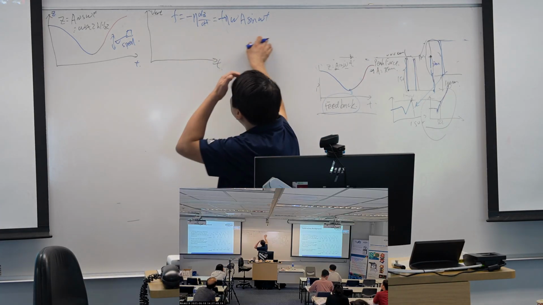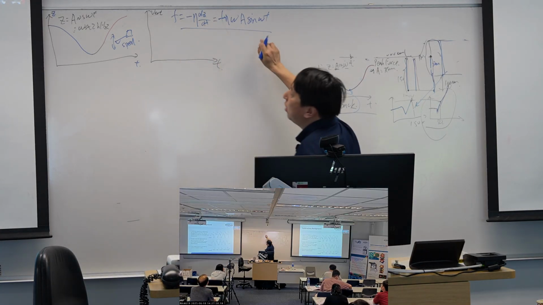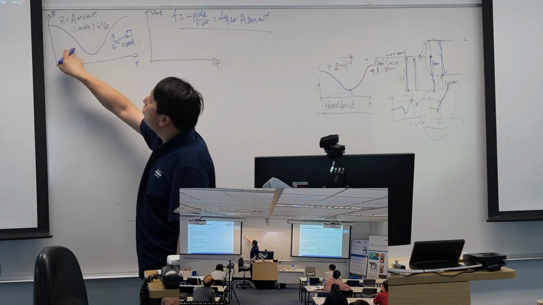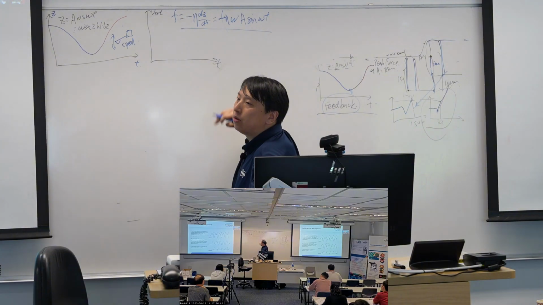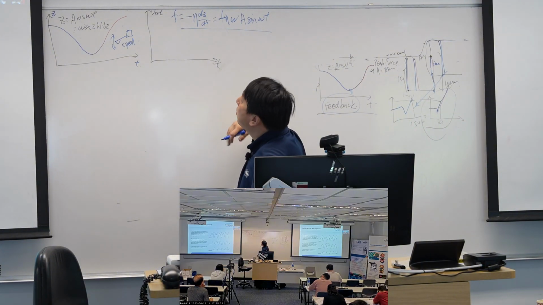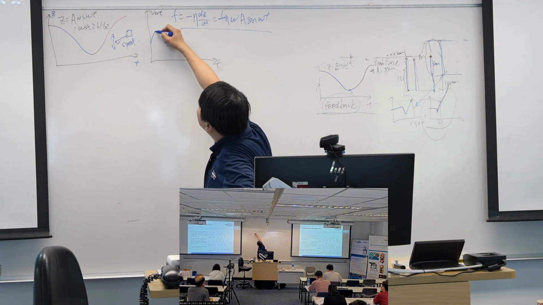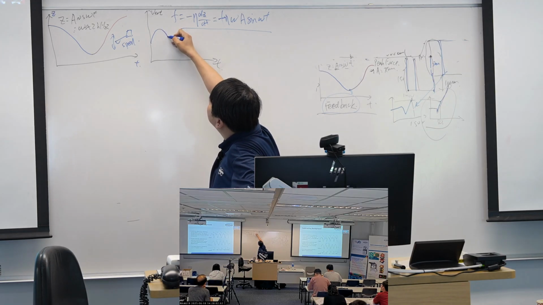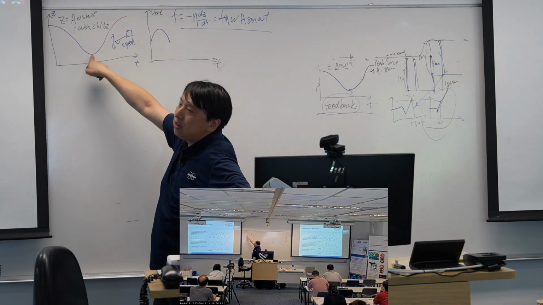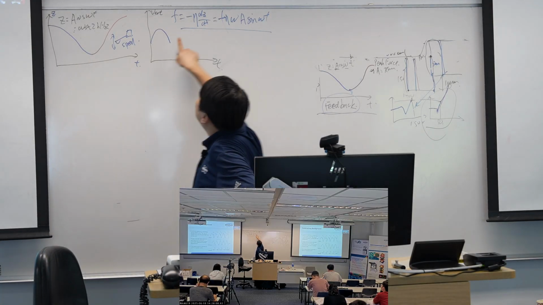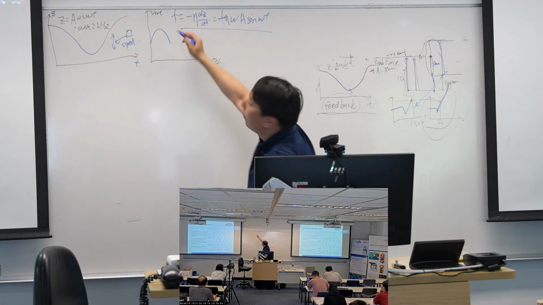According to this, when the probe is moving down, we will have an increased friction, or increased hydrodynamic force. Once it reaches the lowest point, the friction will drop to 0.